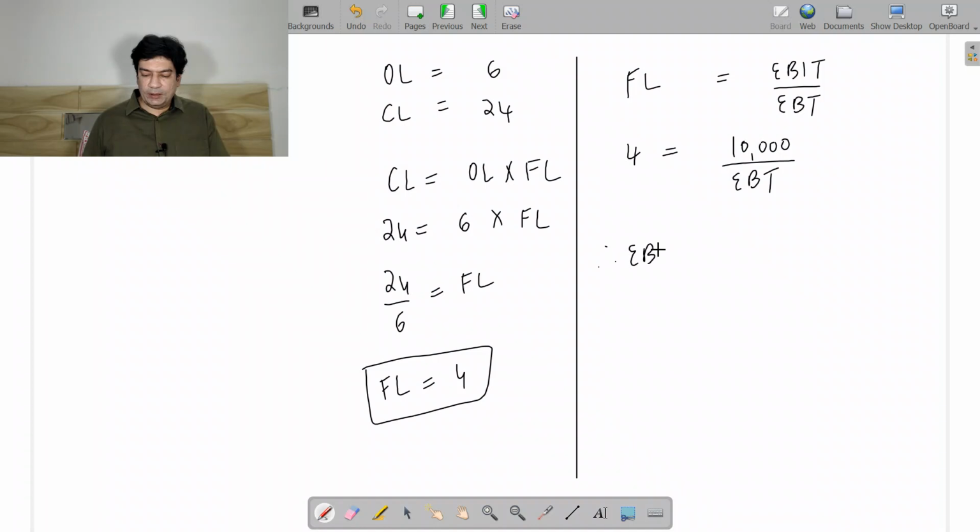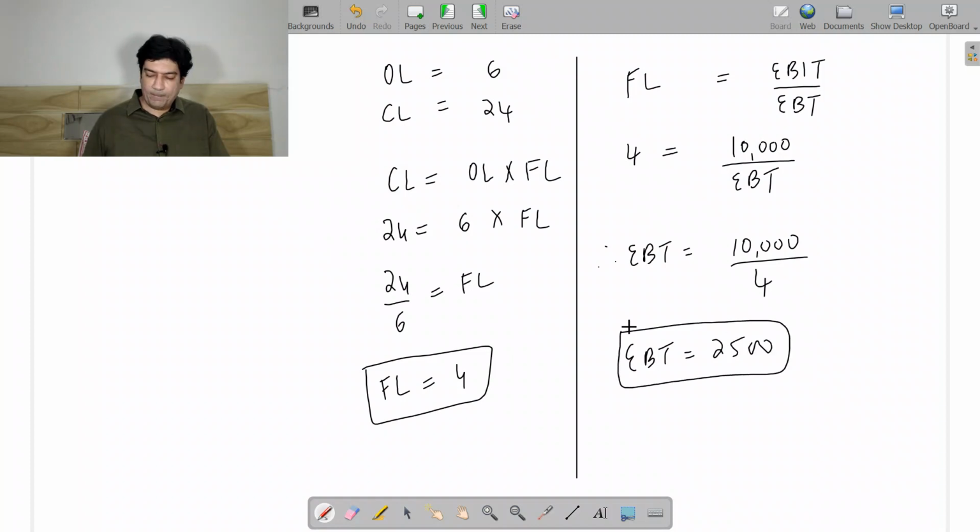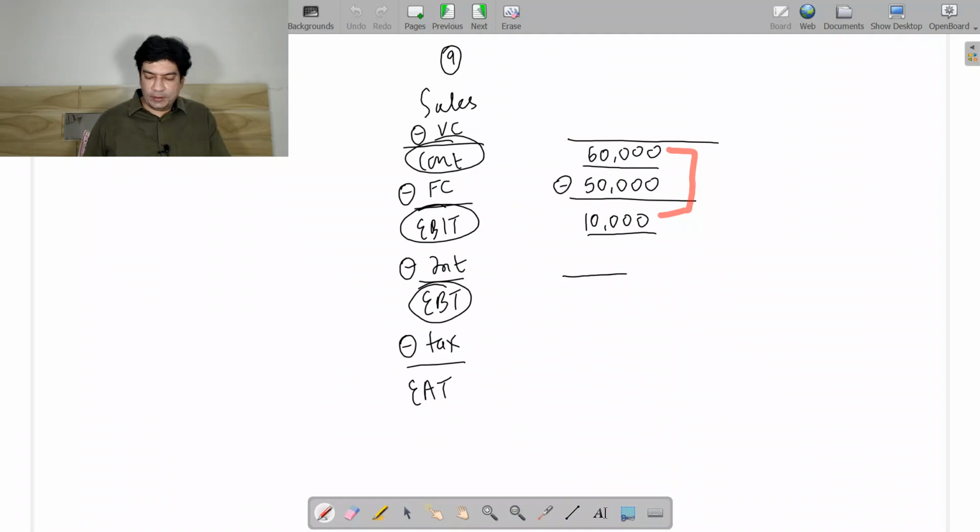So EBT will be 10,000 divided by 4. So EBT you are going to get 2,500. So this EBT you will fill here, 2,500. Now when you subtract 2,500 from 10,000, you'll get 7,500 as your interest.